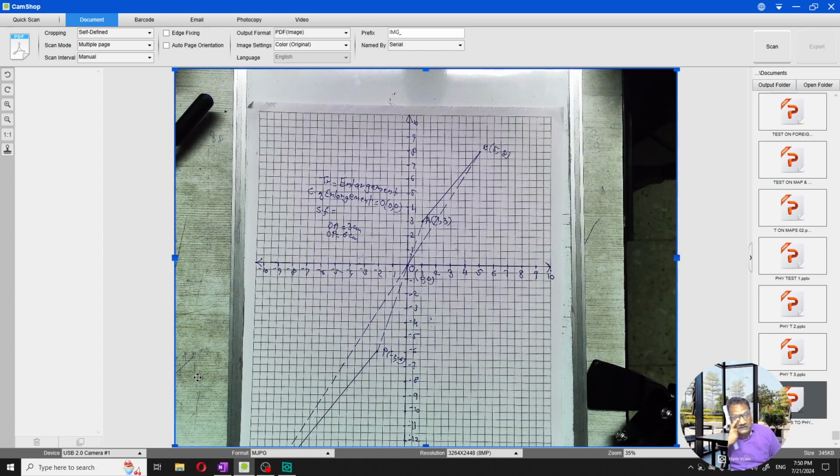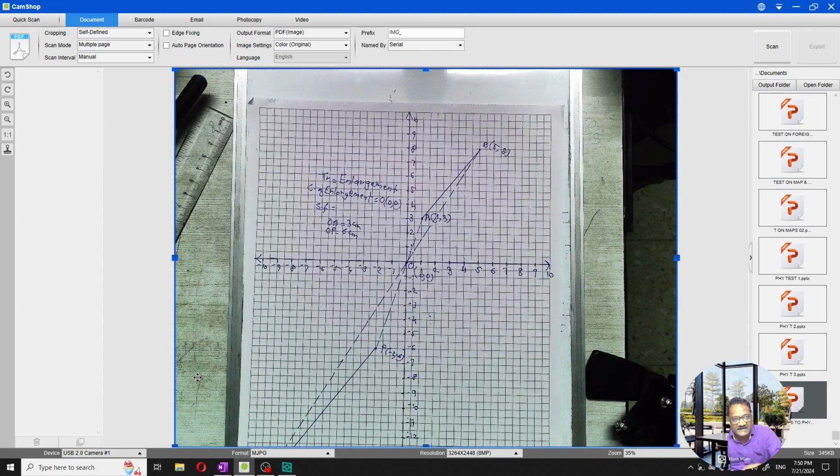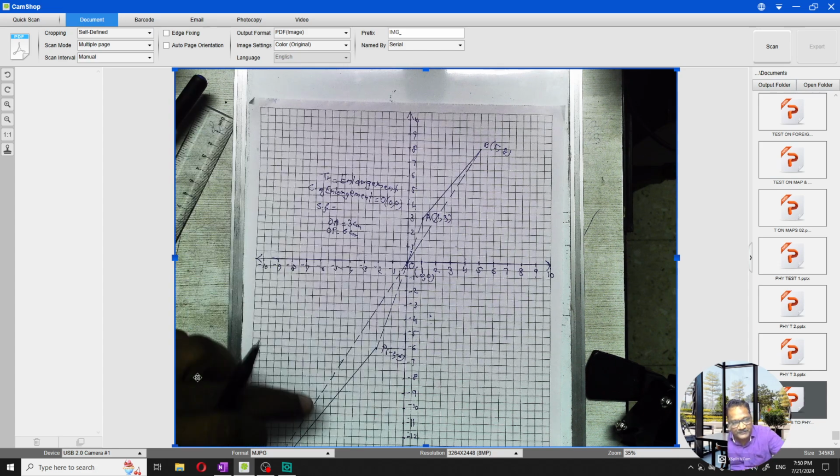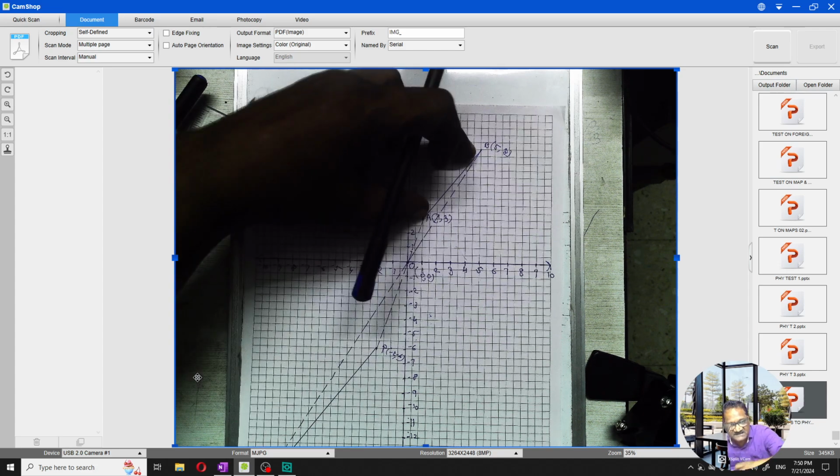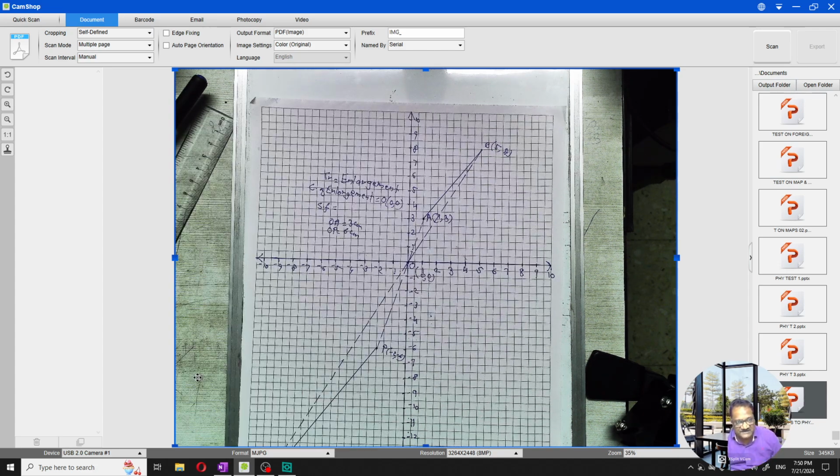Now, this is a case where AB is mapped onto PQ. That is, a smaller object is transformed into a bigger object, isn't it? So whenever the transformation is happening in such a way that the size of the image is more than the size of the object, then the scale factor has to be greater than 1.